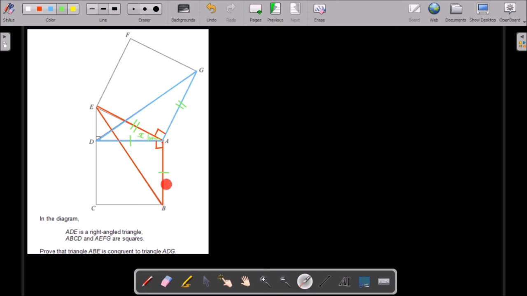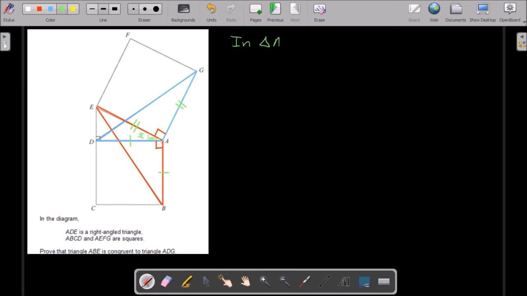AD and AG are the two sides we're using in the blue triangle, and AB and AE are the two sides we're using in the red triangle. So this 90 plus X and this 90 plus X are going to be included angles, so we can use the SAS rule.